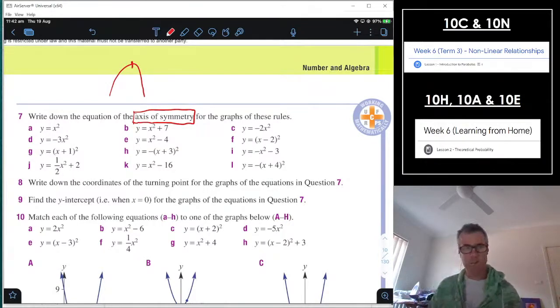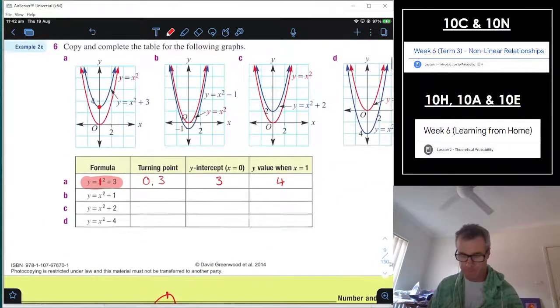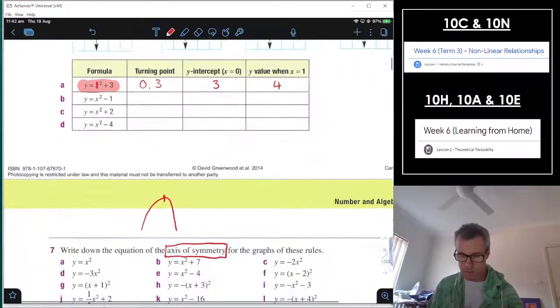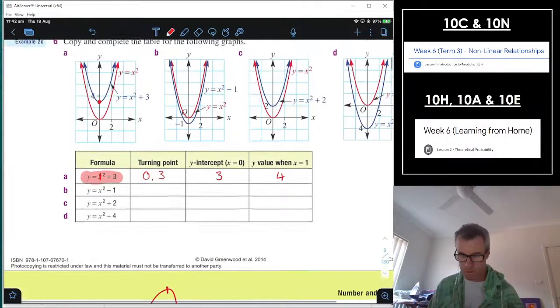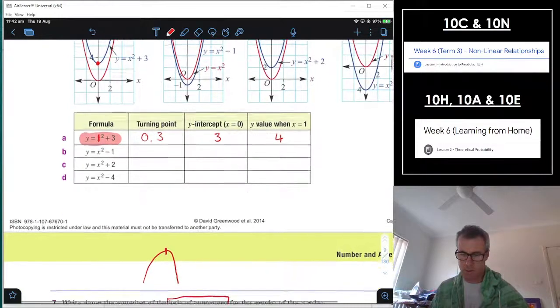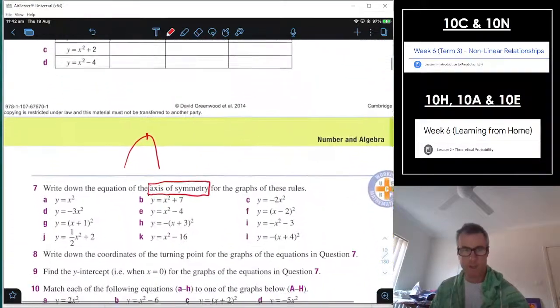If we think about and recognize the patterns up until this point, our axis of symmetry was when x is equal to 0. Is that right? Yeah, it's when x was equal to 0.